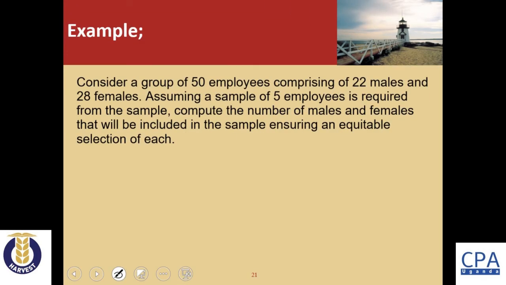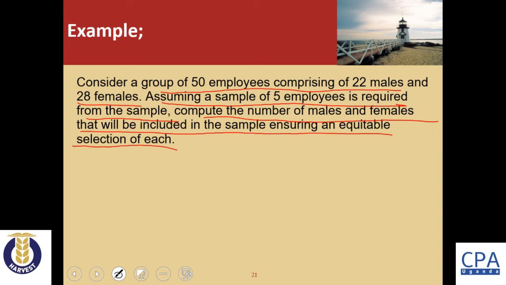We are giving an example: consider a group of 50 employees comprising 22 male and 28 female. Assuming a sample of 5 employees is required, we want to compute the number of males and females that will be included in the sample, ensuring equitable selection of each.